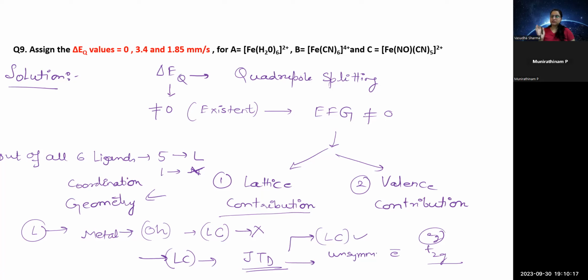That octahedral geometry is no longer completely octahedral, because one ligand has been replaced by chlorine. So asymmetry has come, there is no more symmetry present, and that parameter also will give a lattice contribution. I hope this is clear.